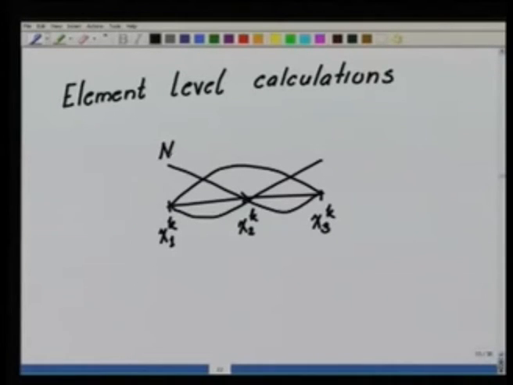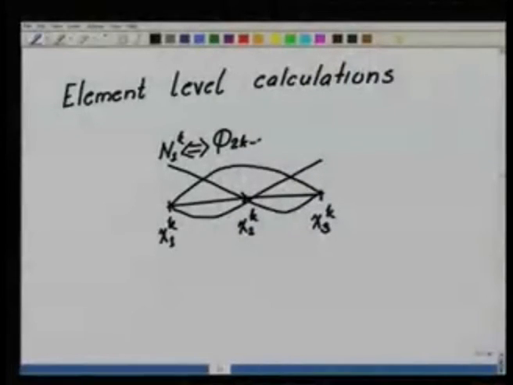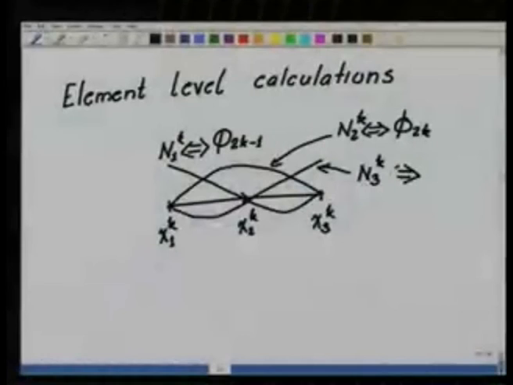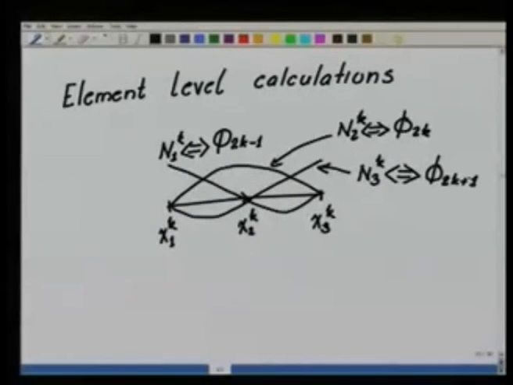So, this was n1 of element k, which is equivalent to phi 2k minus 1. This guy is n2 of element k, which is equivalent to phi 2k, and this one is n3 of element k, which is equivalent to phi 2k plus 1 in the element k.